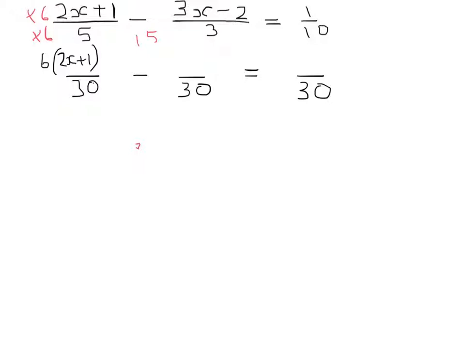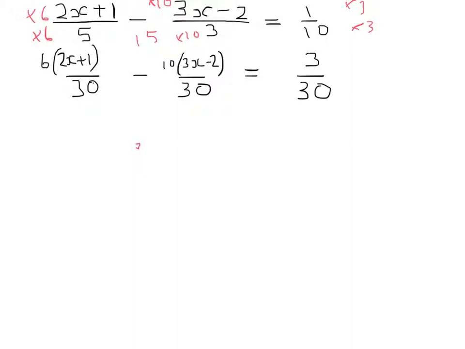Similarly, with our middle term here, we need to multiply the top and the bottom by 10, because 10 times 3 is 30. So we end up with 10 times our 3x minus 2 on the top here. And lastly, our third term on the right here is going to be multiplied by 3. 3 times 10 is 30. So we end up with 3/30, which is equivalent to 1/10.